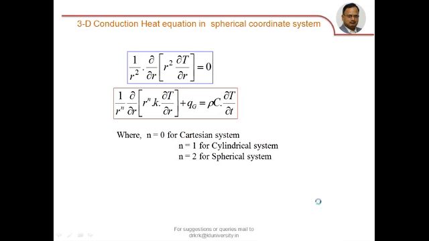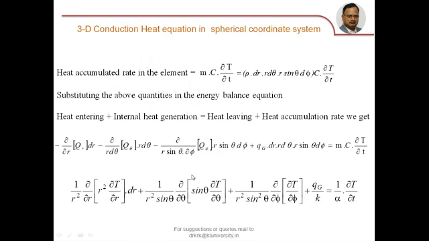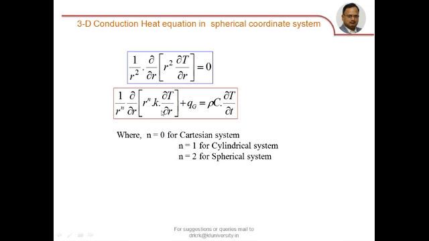So if you consider one-dimensional conduction heat transfer in spherical coordinate system under steady state condition. Under steady state, dou T by dou t becomes 0. Without internal heat generation, q_g becomes 0. One dimensional, no theta term and no phi term, only radial direction.